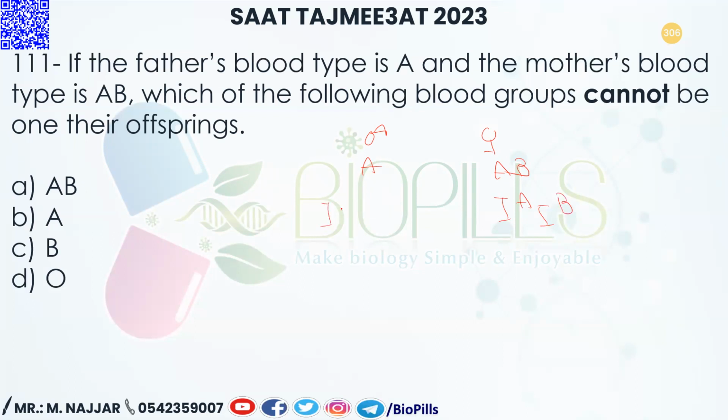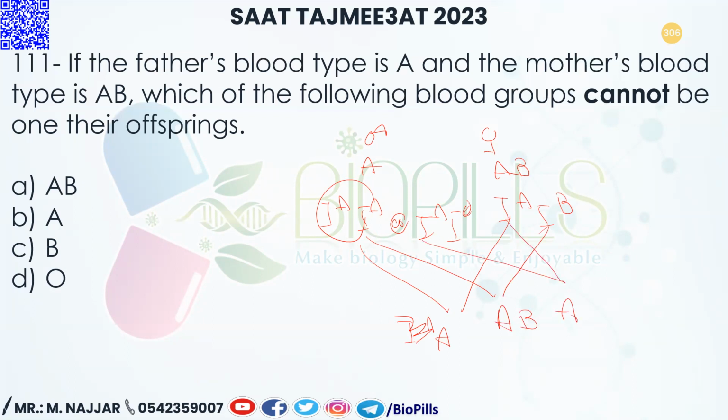A could be IA capital, IA capital, or IA capital, i small, which is O. Let's make it like this to make it easy. If it's IA capital with IA capital, it will be blood group A. If it's IA capital with IB, it will be AB. If it's IA capital with i, it will be A blood group. If it's i with IB, it will be IB capital, i, which is B. So there is no O at all.